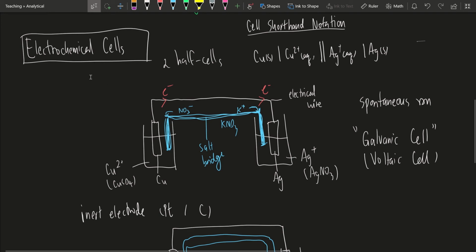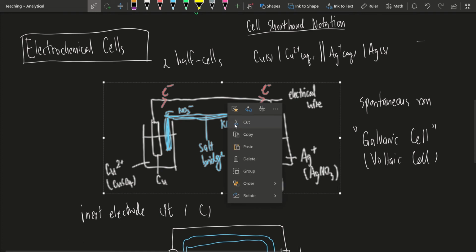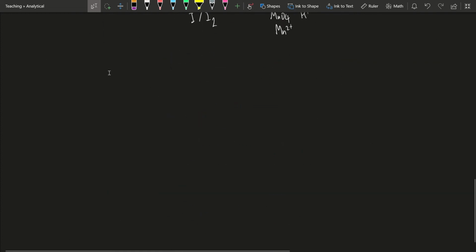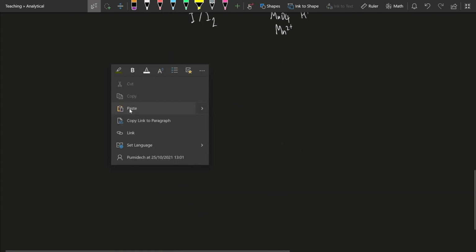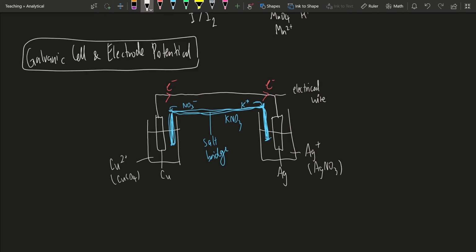So let me actually copy this cell and put it here. So in this topic, we're going to call it galvanic cell and electrode potential. So we already have this half cell that has the reaction occurring.